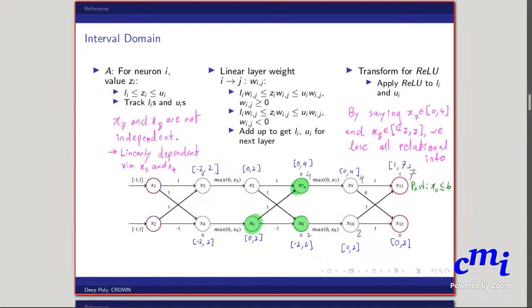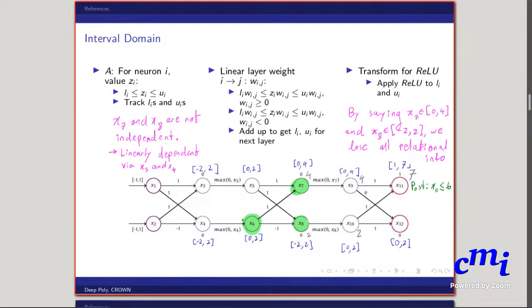There were some relations between x7 and x8 that make sure it's never possible for x7 to be 4 and x8 to be 2 at the same time, right?